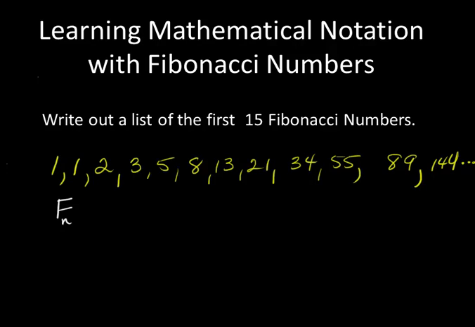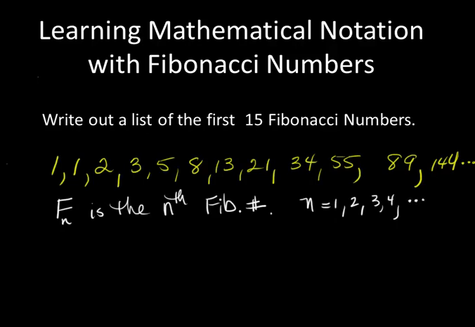F sub n is the nth Fibonacci number. Now, n can take on the values 1, the first one, 2, 3, 4. N takes on the values of the natural numbers.